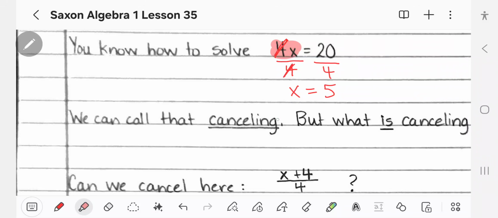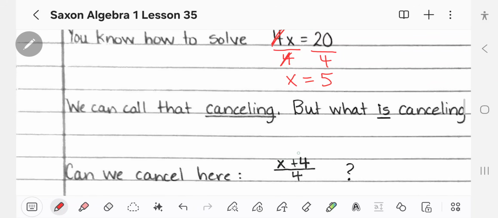So the inverse operation was division. Do you have a multiplication here? No. So remember, canceling is division. So can we cancel those 4's? That would be like saying, oh, they're adding the opposite. The inverse operation is dividing. No, it's not. So you can't cancel in this situation.